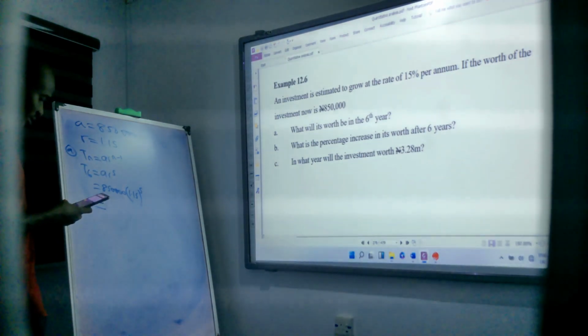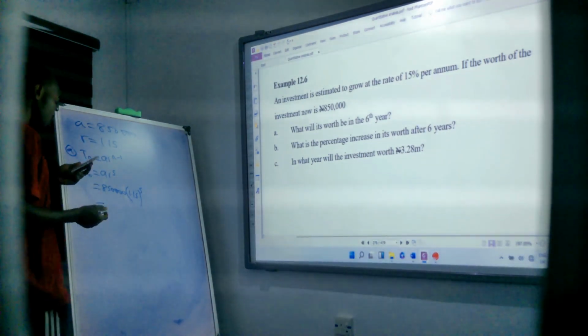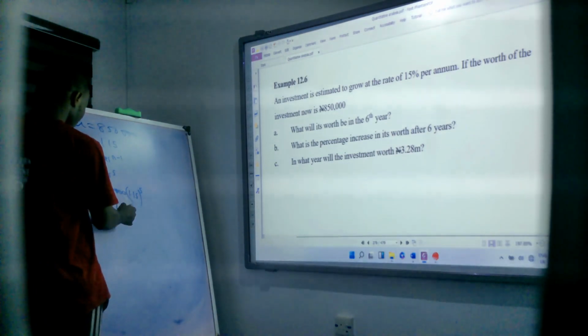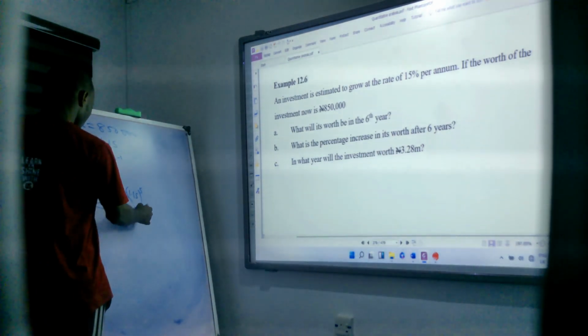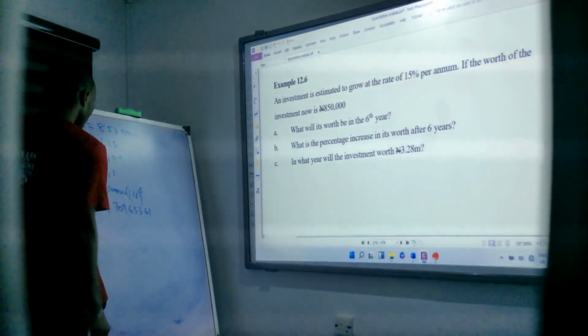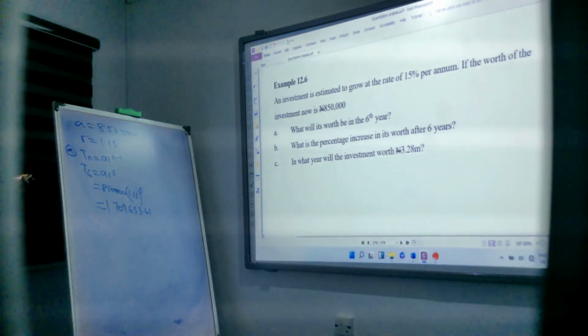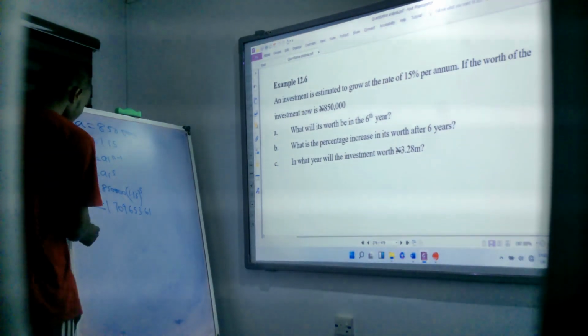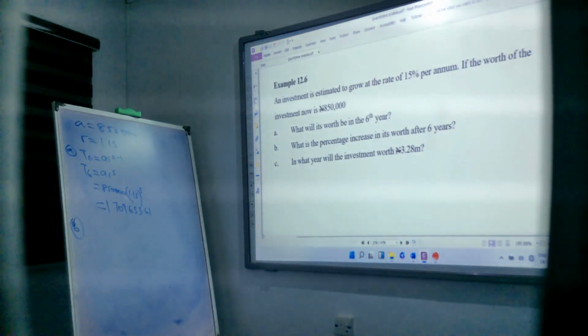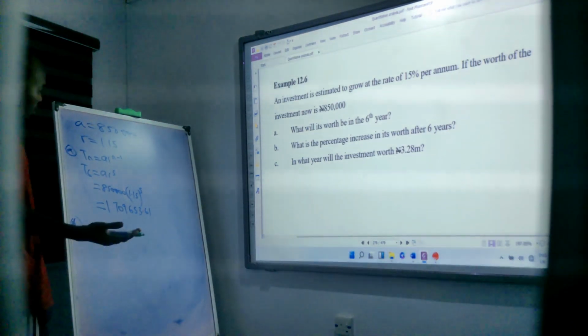So 1.15 raised to power 5, times 850,000, we have 1,709,653.62. So that is the salary in the sixth term.